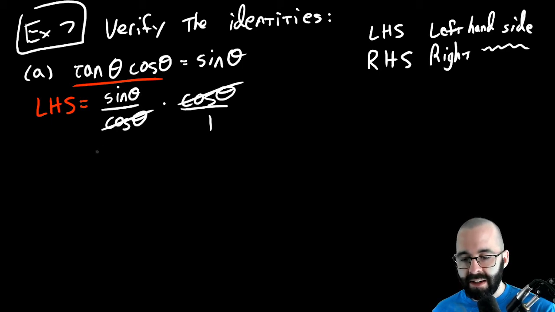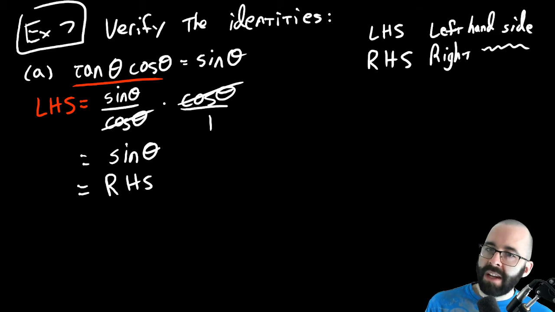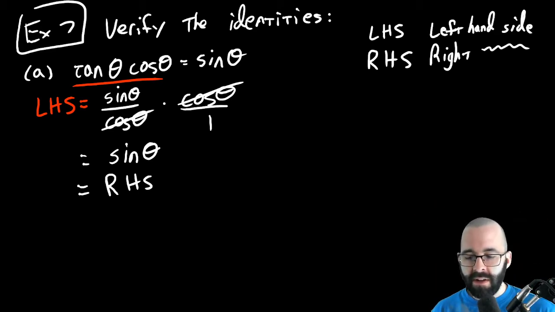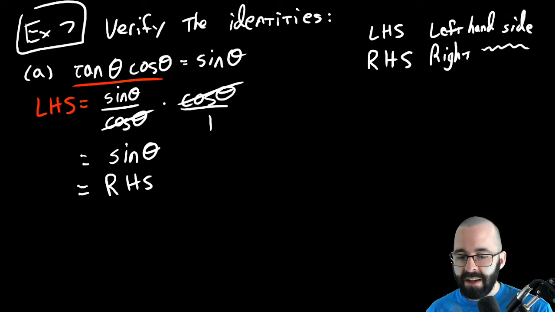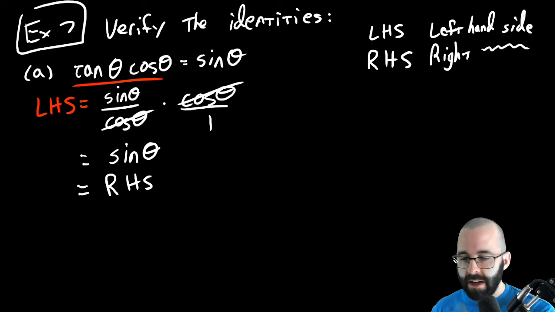Cosine divided by cosine cancels out. We're just left with sine of theta, which is equal to the right-hand side. We started with the left-hand side, did some mathematical magic, and showed that all of these steps are correct. The left-hand side is equal to the right-hand side. Ta-da!